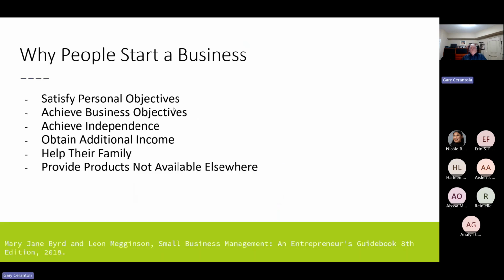Okay, so why do people start businesses? There are many reasons. Some is that it's something they always wanted to do, or something the family's been doing for generations. Or sometimes they want to create something in terms of achieving some great business objective. Sometimes they just want to be independent. Sometimes it's just a gig they want to do for additional income.